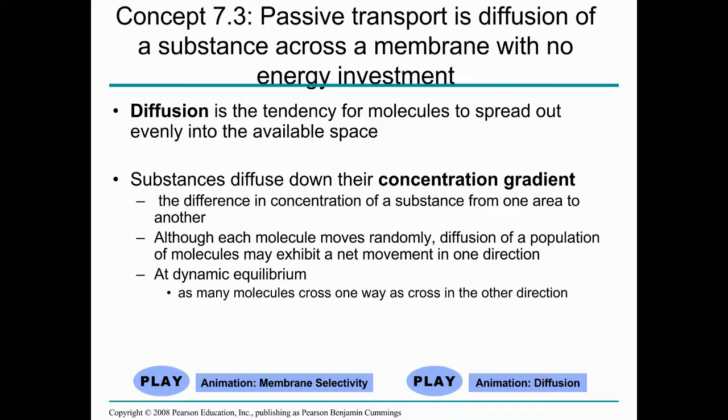When something diffuses, it's going from an area of high concentration, high organization, to areas of lower concentration, less organization. So the highly organized drop, when it hits the water, would have very low entropy, and it's going to progress and increase entropy, more chaos, more disorder, by spacing and getting as far apart as possible.